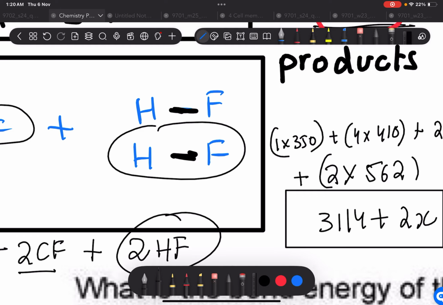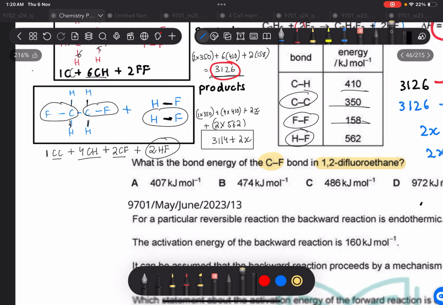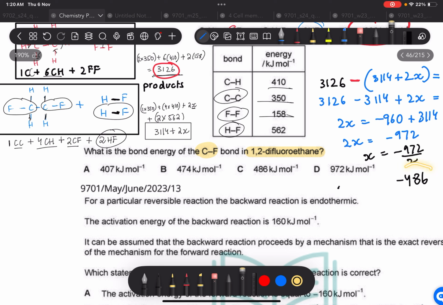Over here we were forming a bond, so the negative sign tells you a bond is being formed. So it's going to be 486. Positive means the same bond is being broken. This is a CH bond: if I break it, the enthalpy is going to be positive 486, and if I form this bond, it's going to be negative 486. So the sign of the enthalpy depends on whether the bond is being formed or broken.